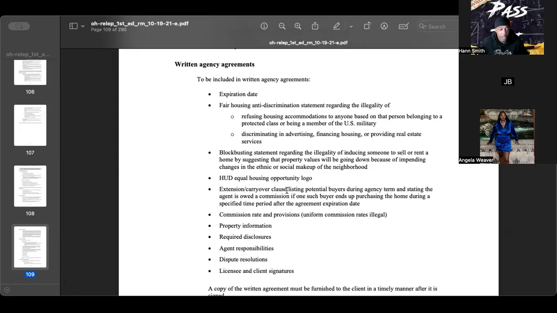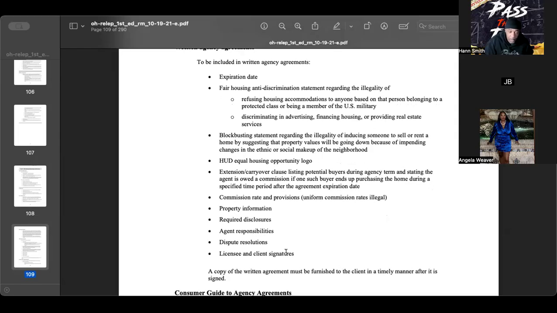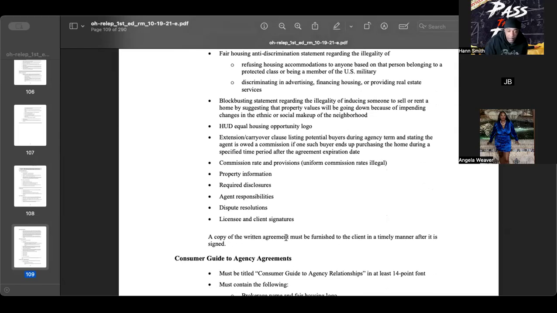That's all within there. The agent responsibilities are going to be outlined in this agreement. How we are going to resolve disputes. You have to sign it, and the owner has to sign it, or the buyer has to sign it right here. A copy of the agreement must be furnished to the client in a timely manner after this is signed.